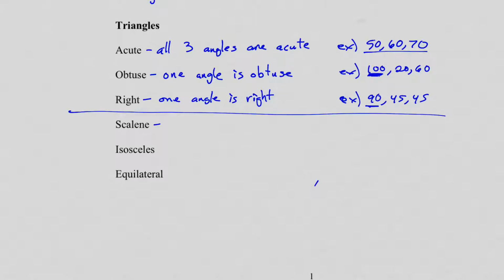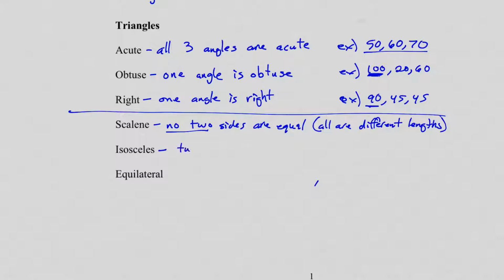Okay, so then the next set have to do with the sides. So scalene is no two sides are equal, which means that all are different lengths. Okay, so no two sides.